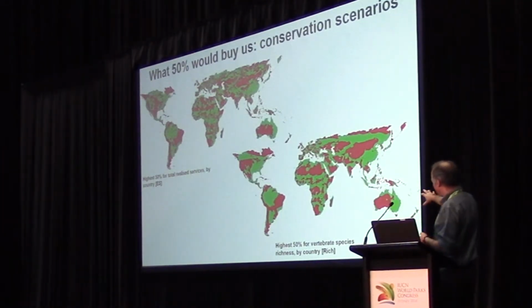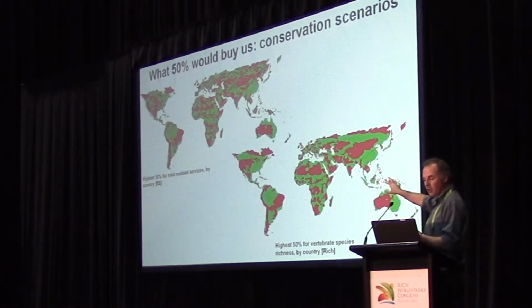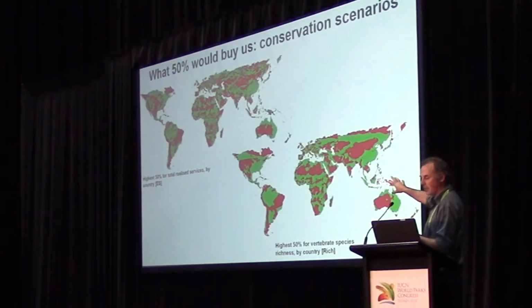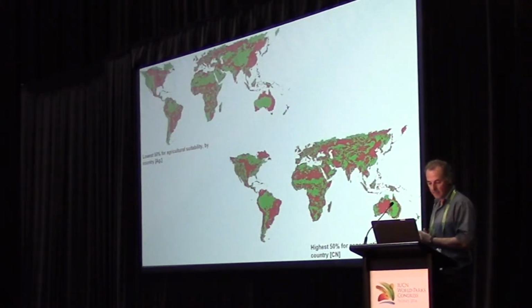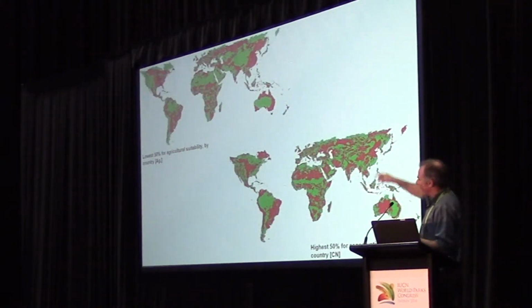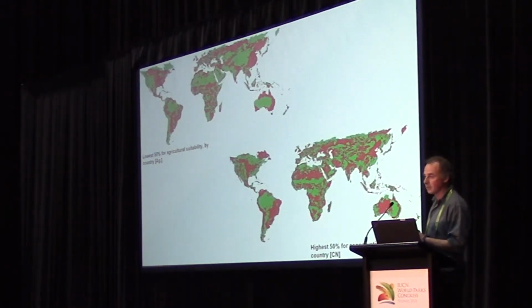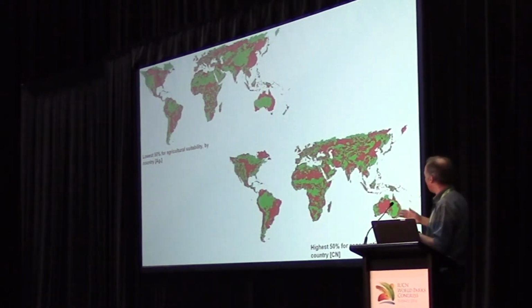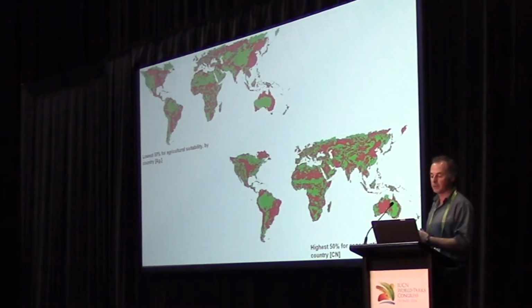If we did it differently on the basis of species richness, we get a not dissimilar pattern globally, but with subtle differences, as you can see, but a large part of the world. If we used agricultural suitability and said, let's just protect the poorest agricultural land in each country, the 50% worst agricultural land, that's what that would give us.